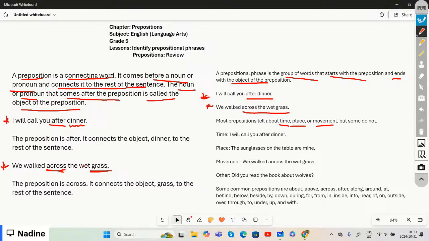If we look at examples of time, a preposition of time is like saying, I will call you after dinner. When will you call me? After dinner. That is the preposition that tells us about time.